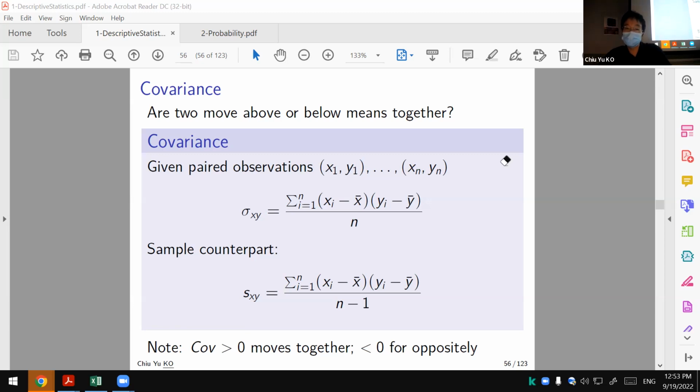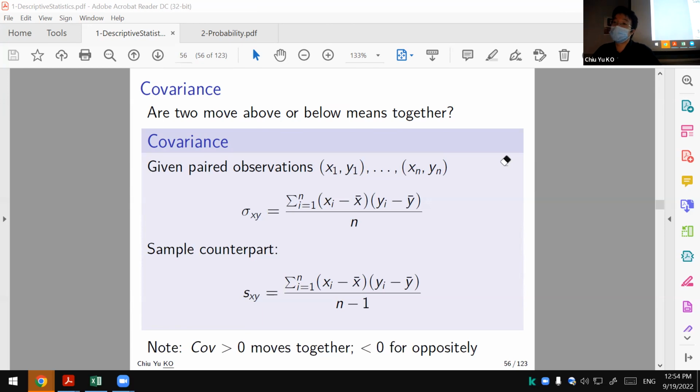It's asking whether they move above the mean together or not. If x is above the mean and y is above the mean, this measure will be positive. For any observation that's above the mean for x and y, xi minus x bar and yi minus y bar are positive.